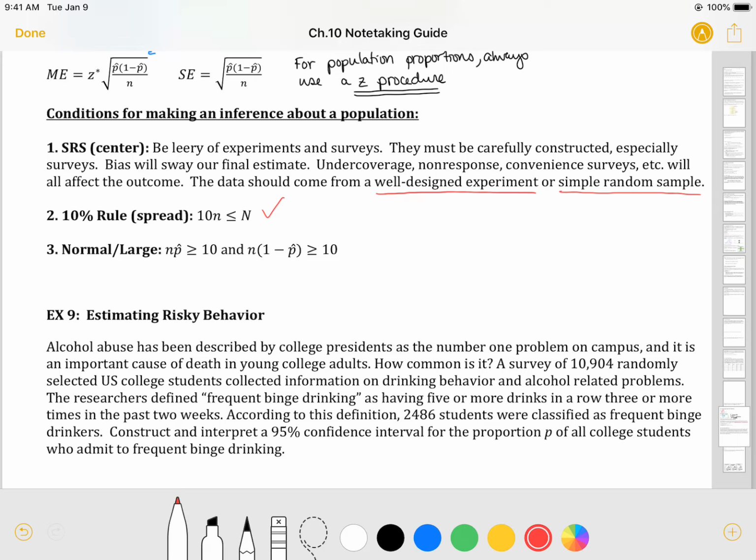So in the past, we have checked this condition: n times p is greater than or equal to 10. Well, we don't know p yet, and we're estimating p, and so therefore we only have information about our sample, okay? So you're using your sample proportion, p-hat, to check this normal condition.